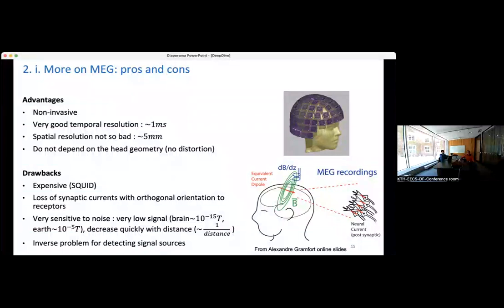So SQUIDs are used to be able to measure such a low field. Another bad thing compared to EEG: with EEG the signal decreases as 1 over the square of the distance, and in the case of the magnetic field it is 1 over the distance.